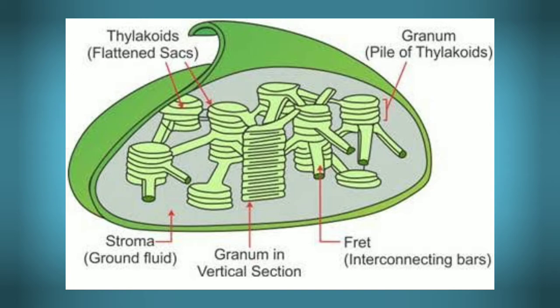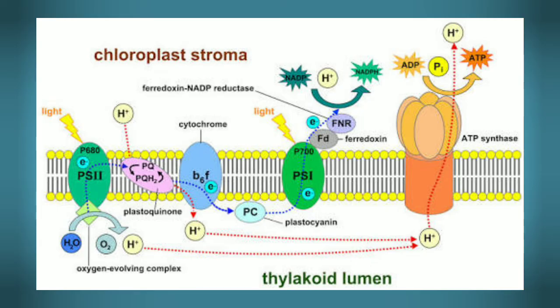Now these thylakoids are arranged in stacks, and each is made up of a lamellar structure, and together this whole structure is called the grana. There in the chloroplast, within these structures, there are some photocenters.